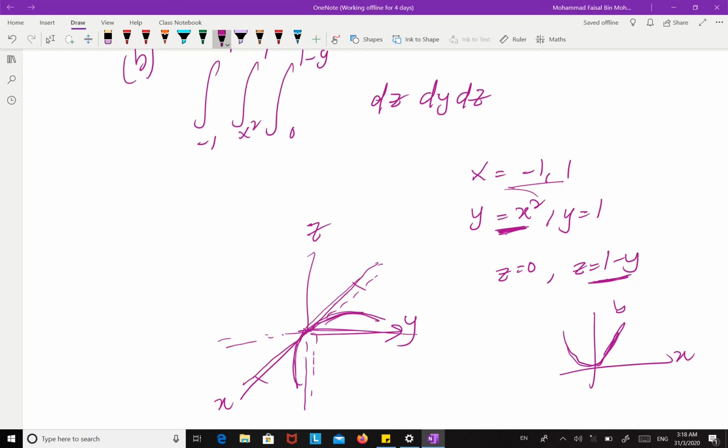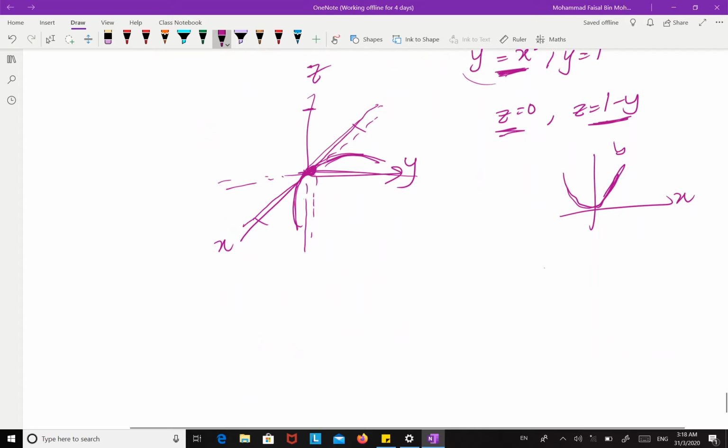And then in this case z is missing, which means this parabola is projecting along z, so it will be somehow here. But we have z from 0, which is again from here, 0, and 1 minus y. Okay, try to plot 1 minus y, z and y. So when z = 0, y equals 1.